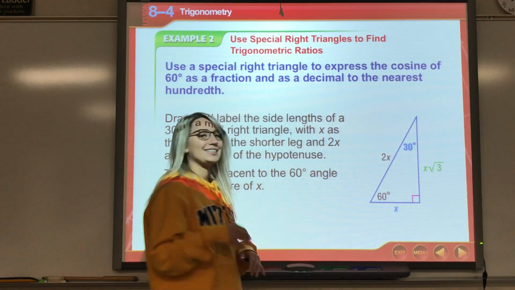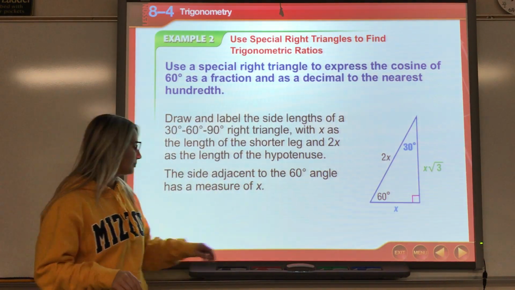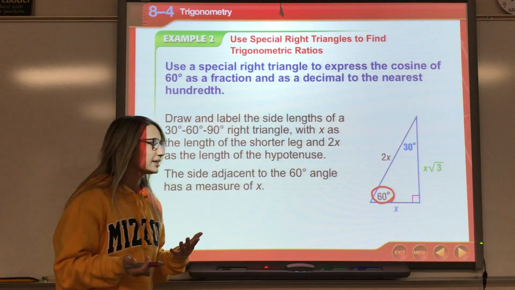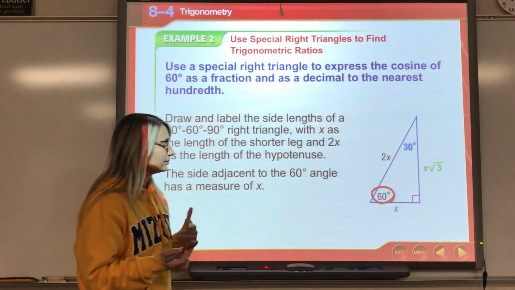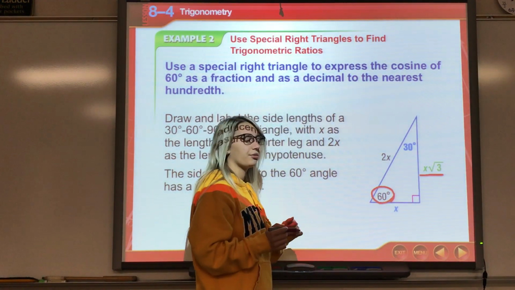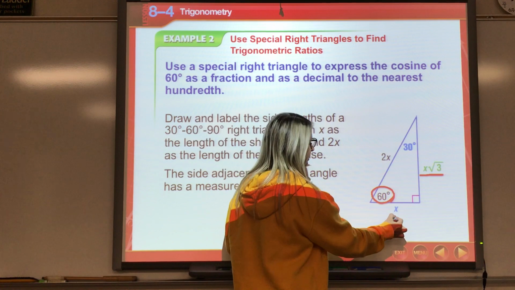So now if we're finding the tangent of 60, here's 60. For the tangent, we need the opposite over the adjacent. So our opposite is x root 3, and our adjacent is x.